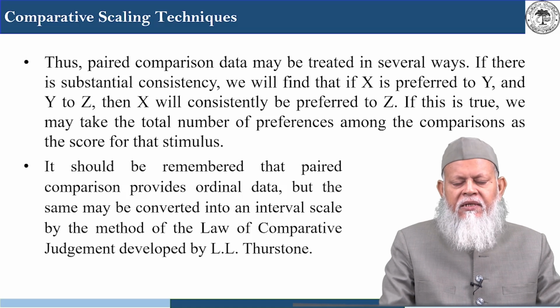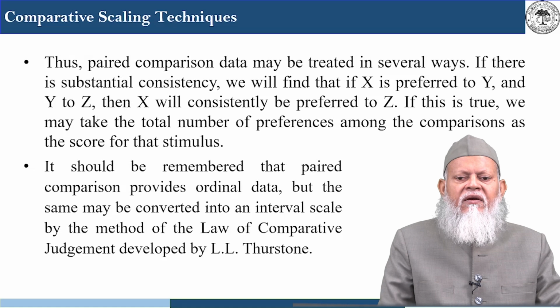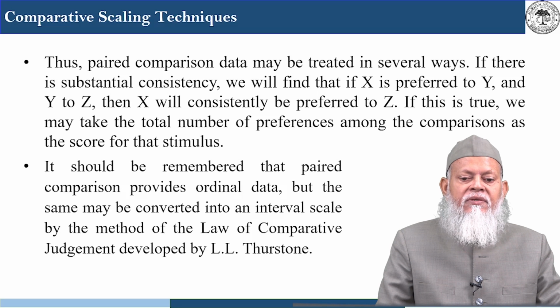If there is substantial consistency, we will find that if x is preferred to y and y to z, then x will consistently be preferred to z. If this is true, we make the total number of preferences among the comparisons the score for that stimulus.